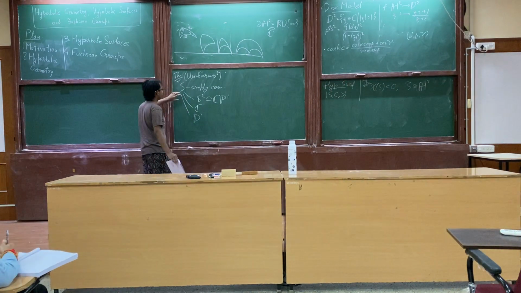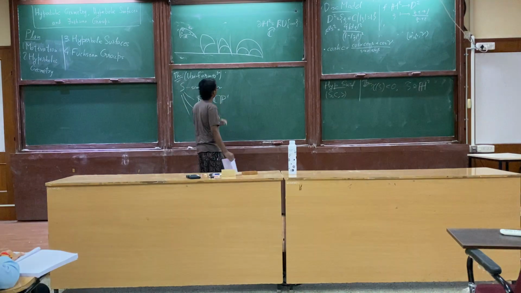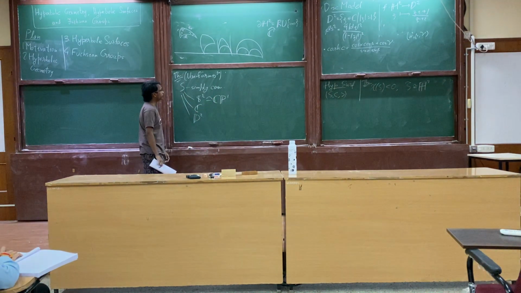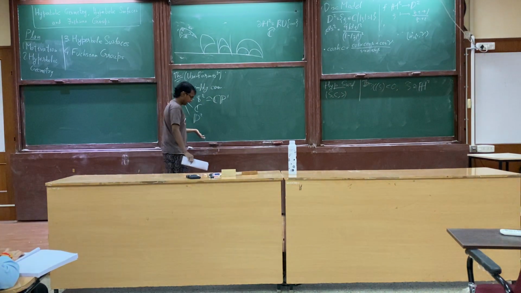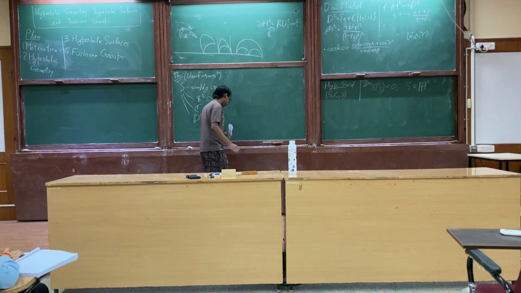But what this should be thought of as is in some sense an analog of the topological classification. It's telling me that if you want to study simply connected Riemann surfaces, then it's enough to study these three. And in fact, there is a corollary which is not trivial.